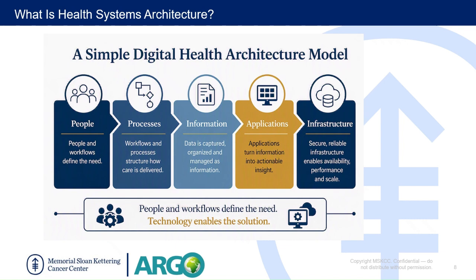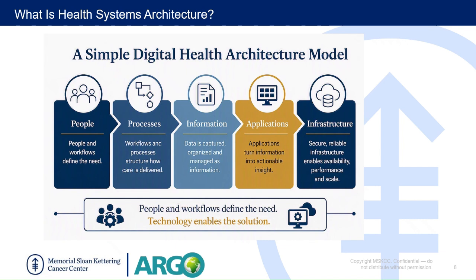Now, the second layer is processes. Before introducing technology, we must understand how care is actually delivered. We must understand what the workflow is, how patients are registered, how lab requests are ordered, how medications are dispensed, do nurses give chemo or do doctors, how referrals are managed.